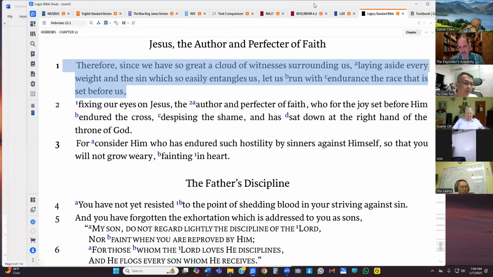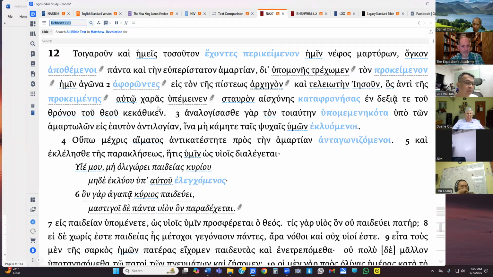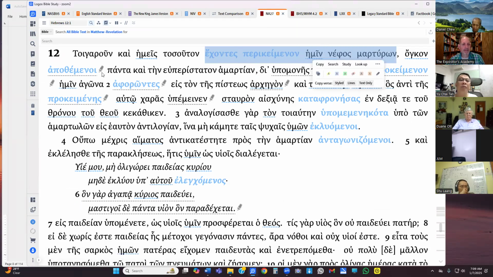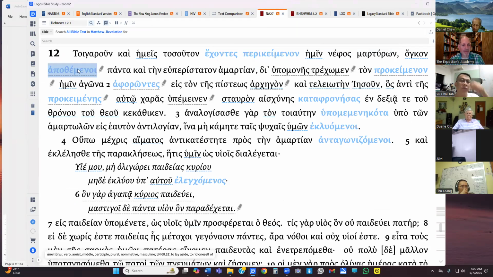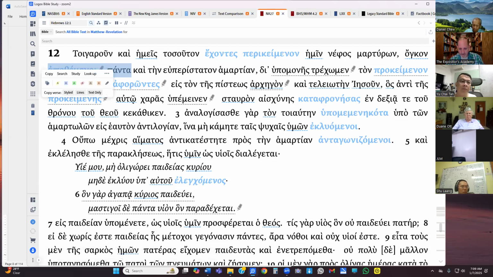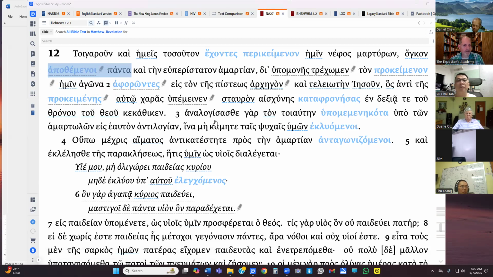Well, when we go to the text, this is what we see. And again, we're going to have to go back to the Greek, but here, therefore, having cloud of witnesses surrounding us. And then here it is, laying aside. It is a participle. Maybe the easier way to see this would be to go to the interlinear.